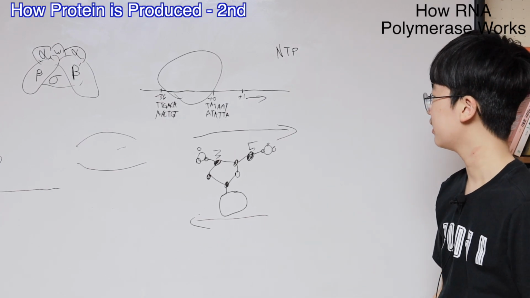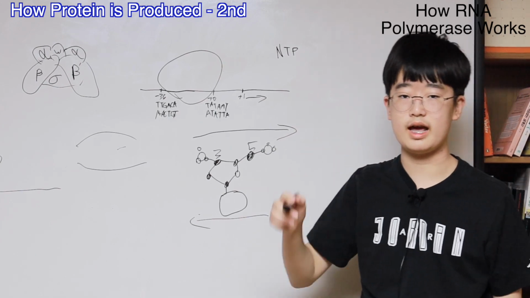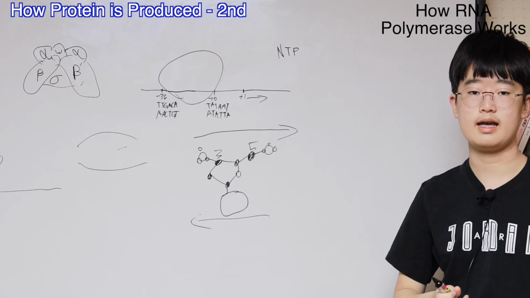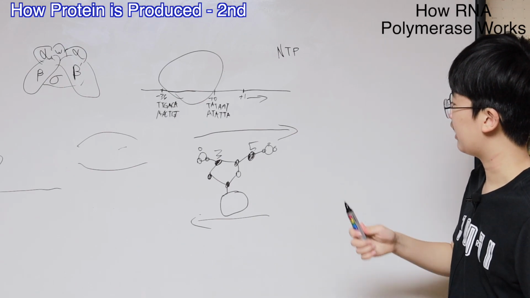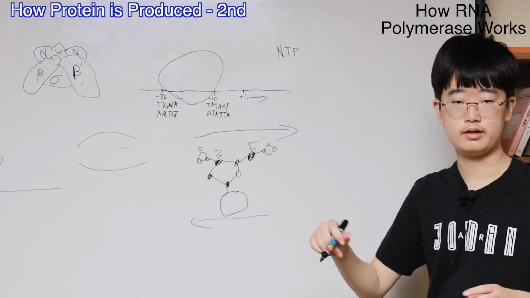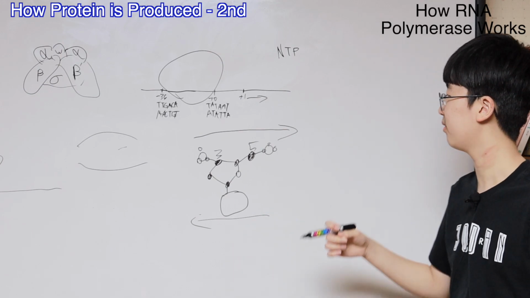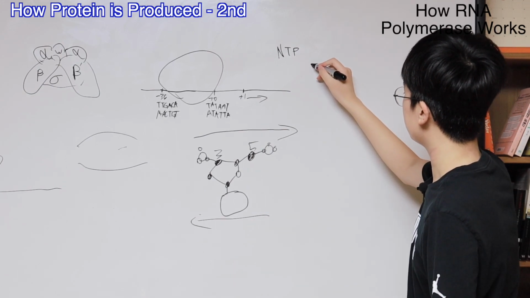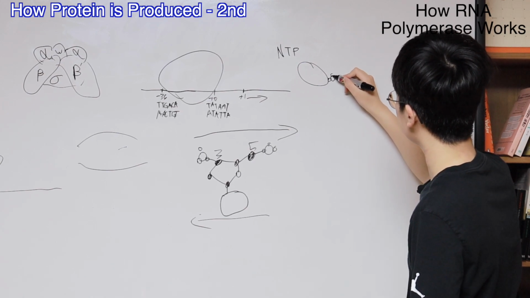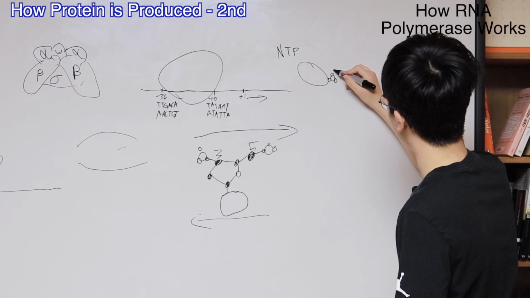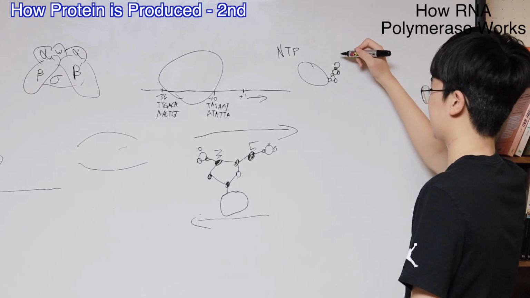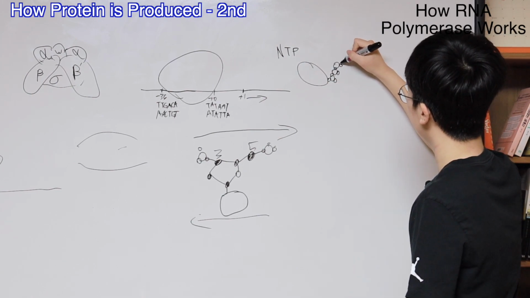So basically, it's the A, G, C, Ts, or in this case A, T, G, C, and U is also here around. So this is the base, and there are 3 phosphates, right? 3 phosphates right next to it. It's stuck on there.